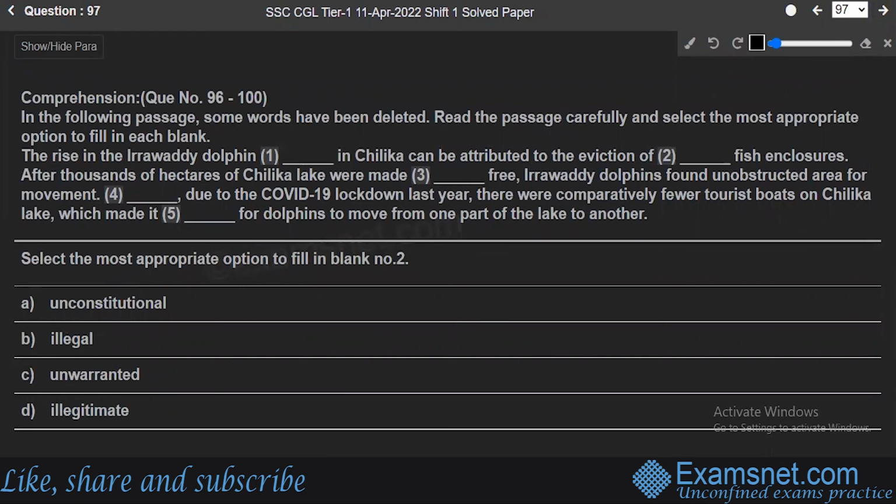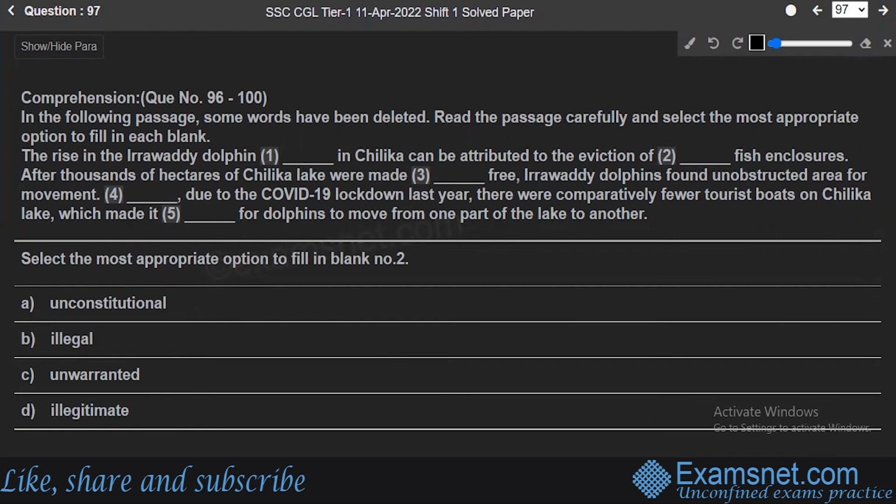So the next one is: can be attributed to the eviction of dash fish enclosures. The options are unconstitutional, illegal, unwarranted, or illegitimate. What could be your answer? The title of the given passage, as I told in the last question, also can be Dolphins Boom in Odisha's Chilika Lake.